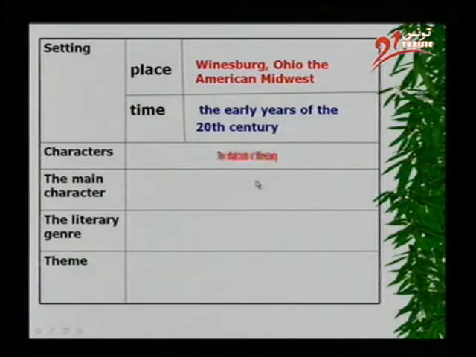The characters, the inhabitants of Winesburg. Imagine a writer is focusing the main characters of his novel, of his stories or his tale, the inhabitants of Winesburg. All the inhabitants are characters in the novel.